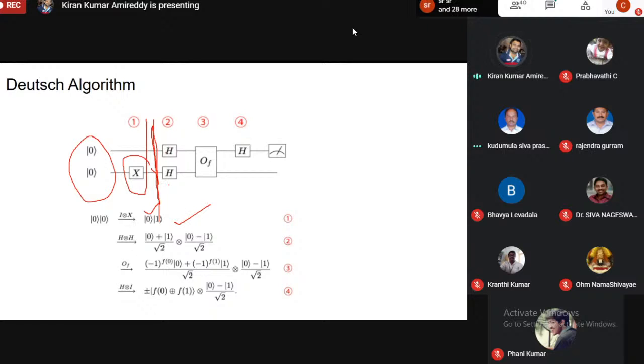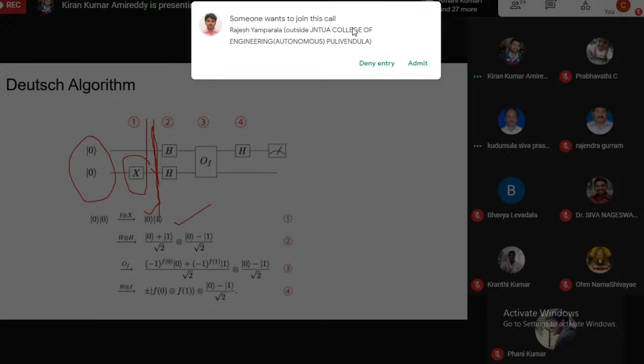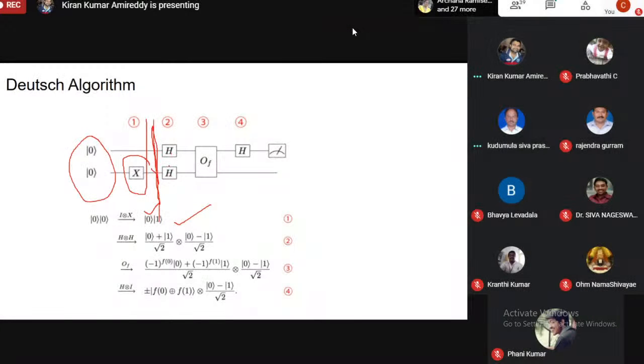Then at the end of the second operation, we are operating with the H and H. So two Hadamard operations we are doing. We know the Hadamard operation.